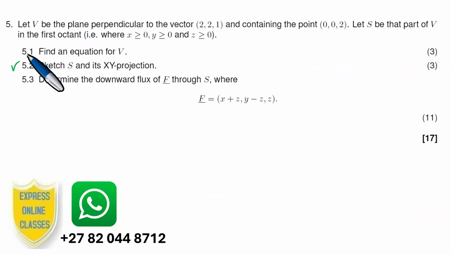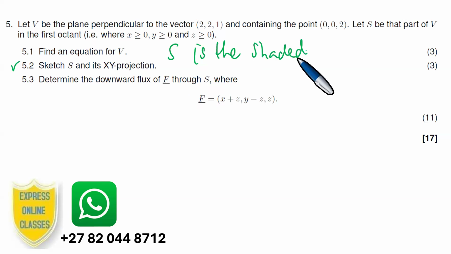Right, in the first octant. So we note that in particular, S is the shaded triangle given below.